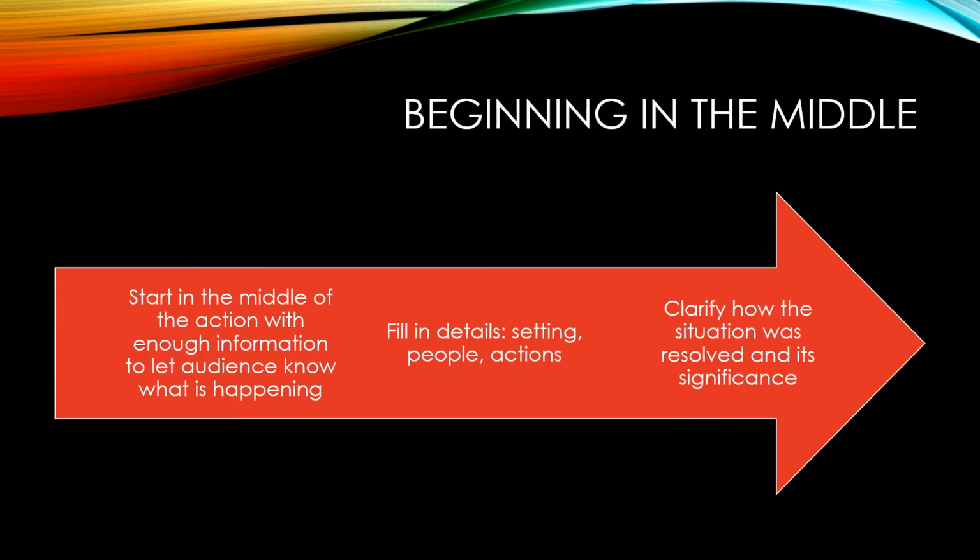You could also begin in the middle. Start in the middle of the action with enough information to let the audience know what is happening. Fill in the details, setting, people, and actions. And then finally clarify how the situation was resolved and its significance. So the ending is the same in both the first and the second way to organize.